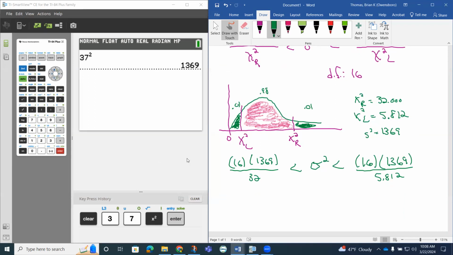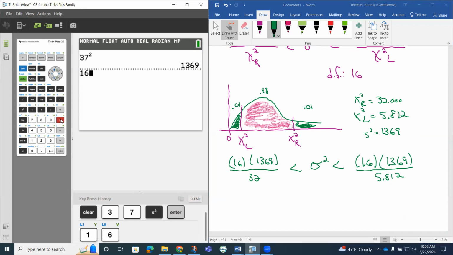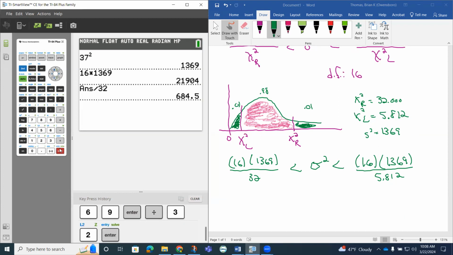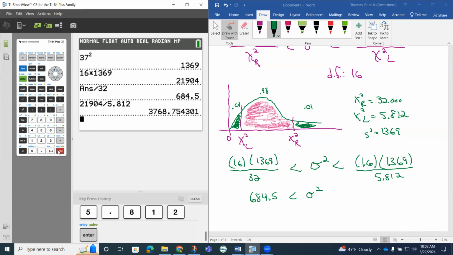So all we've got to do now is put this into the calculator. I'm just going to put the numerator into the calculator: 16 times this 1369, get that answer. Then I'm going to divide that by 32. That gives me my left boundary, 684.5 is less than here. Then if I go up there and copy that number, that's the numerator. Then if I divide that by chi-squared L, which is the 5.812, that'll give me my right boundary.